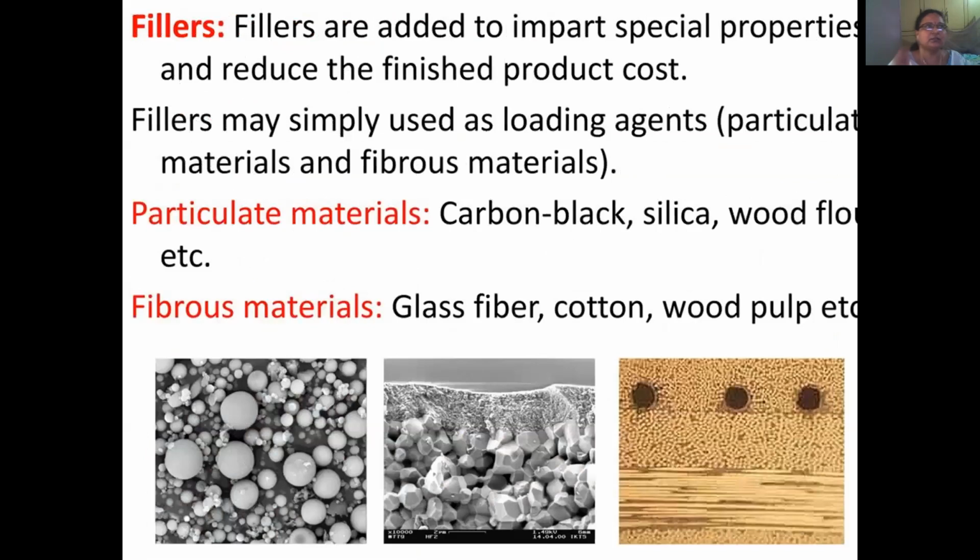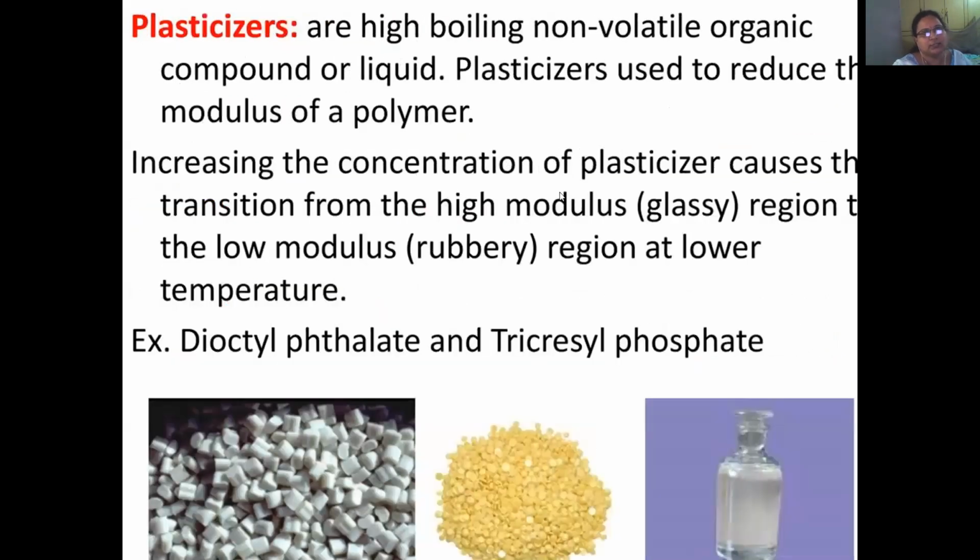So first one is fillers. These fillers reduce the cost of production, or finished product cost, for example carbon black, silica, wood. Then we have plasticizers, which increase the plasticity and the flexibility of the polymer material.